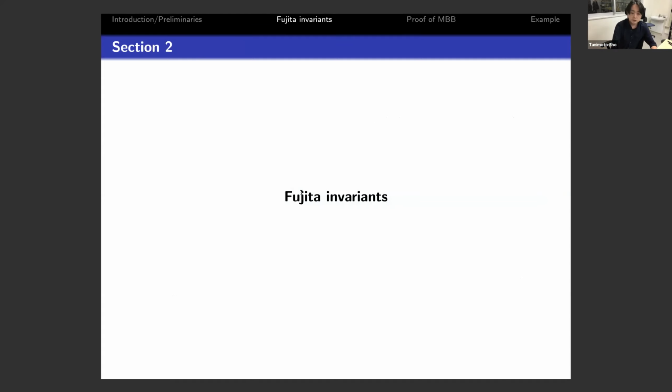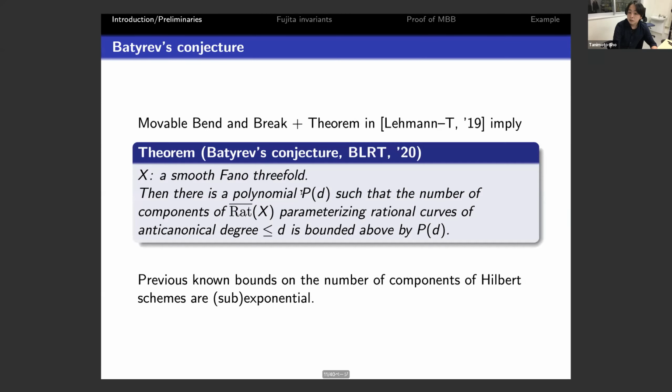Is the polynomial computable, or is it just the existence of? Right now, existence. Hopefully, if we assume geometric Manin's conjecture, then the degree of this polynomial should be given by the Picard rank of X. For example, if you assume that for each numerical class there's a unique family of rational curves, then this should be the Picard rank.